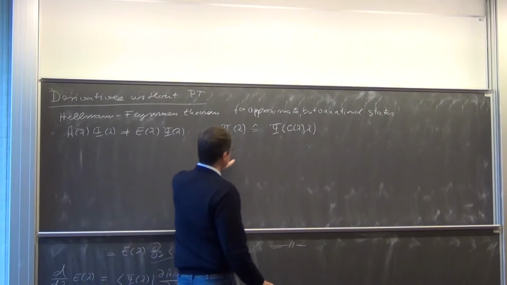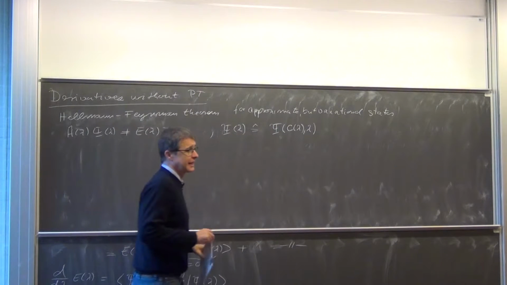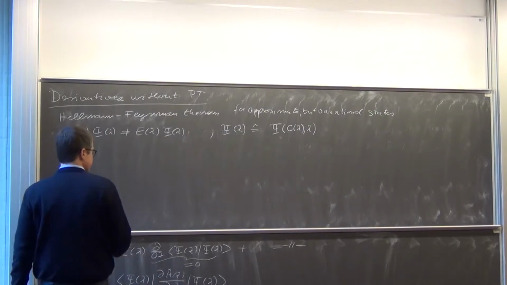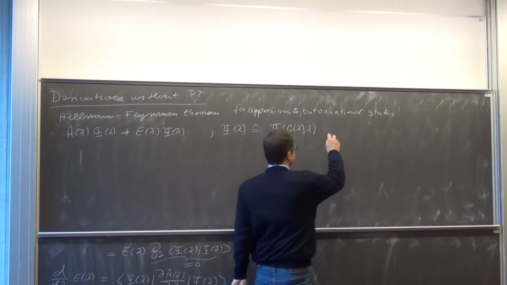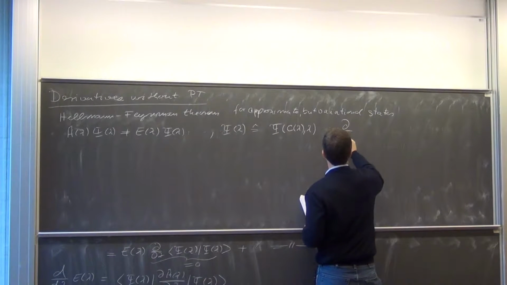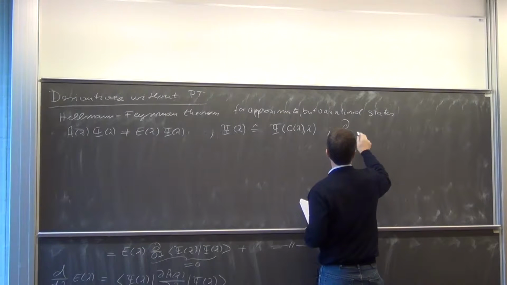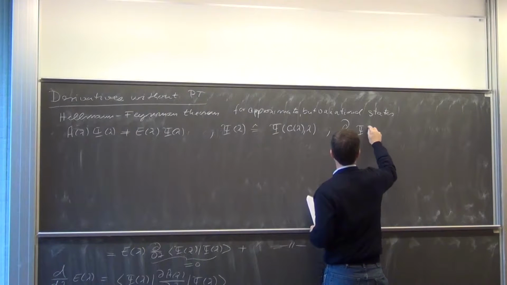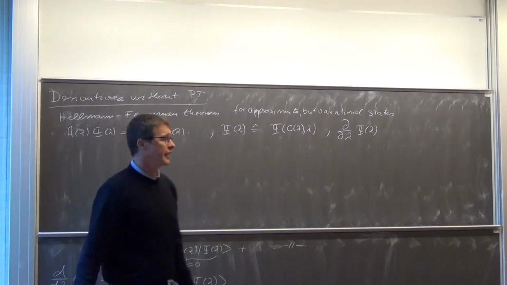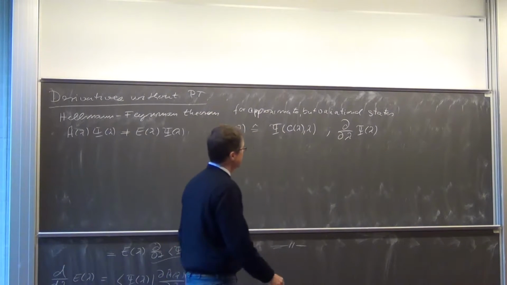And that, of course, plays an important role if I now take the derivative of that wave function, and I'm going to do that in a few minutes, because then I'm going to look at something like a partial derivative of the wave function with respect to lambda, which I might write like this, indicating the dependence.